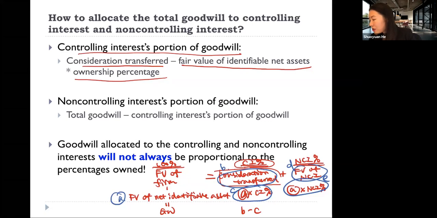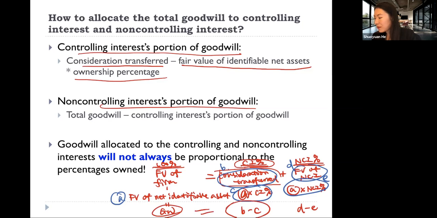And then the non-controlling interest portion of goodwill is D minus E. So you can either use D minus E or you can use total goodwill minus the controlling interest portion of the goodwill, but it will give you the same answer.